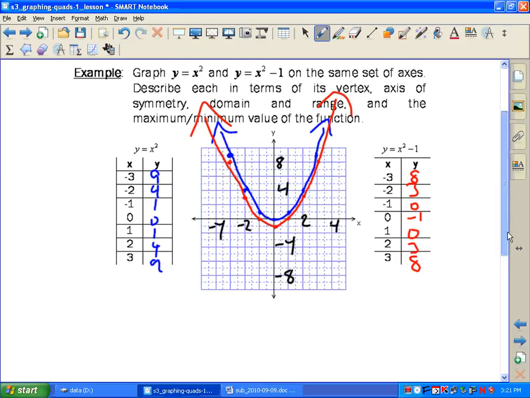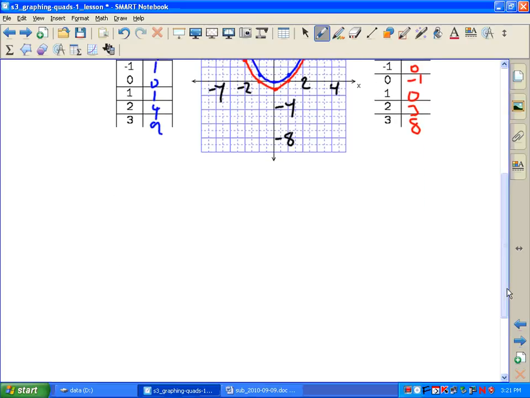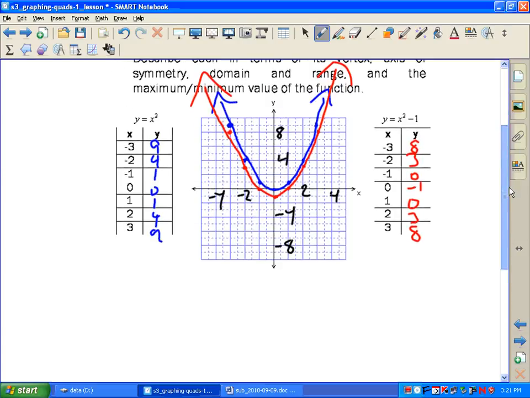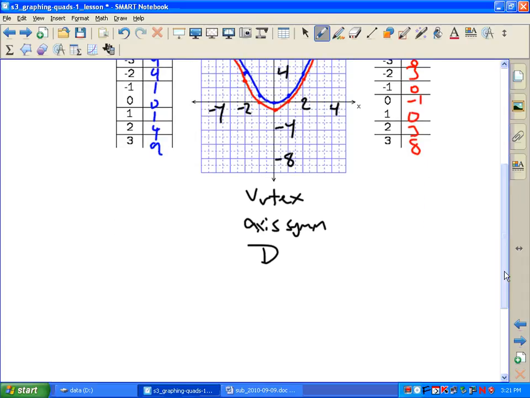Now, let's go ahead and compare all that good stuff. So, vertex, axis of symmetry, domain, range, and the max-min value.